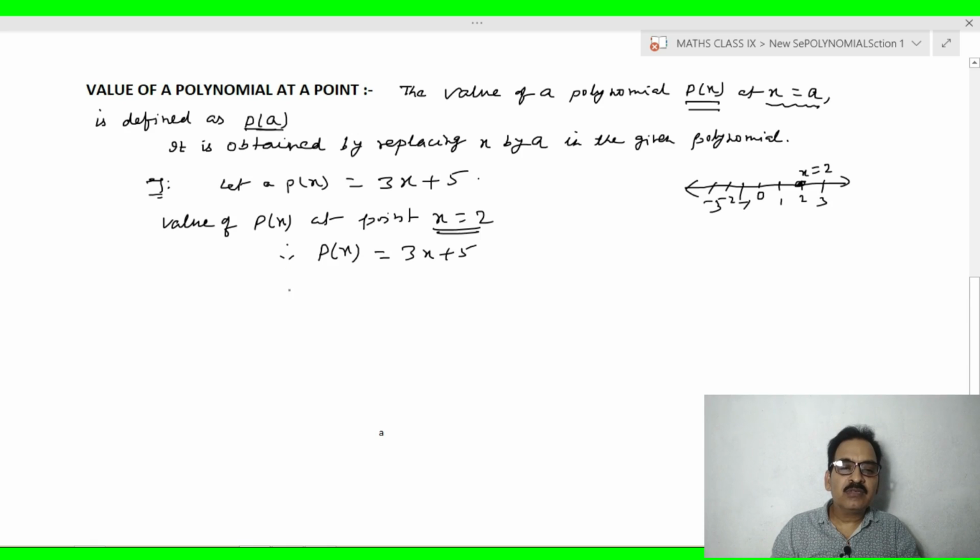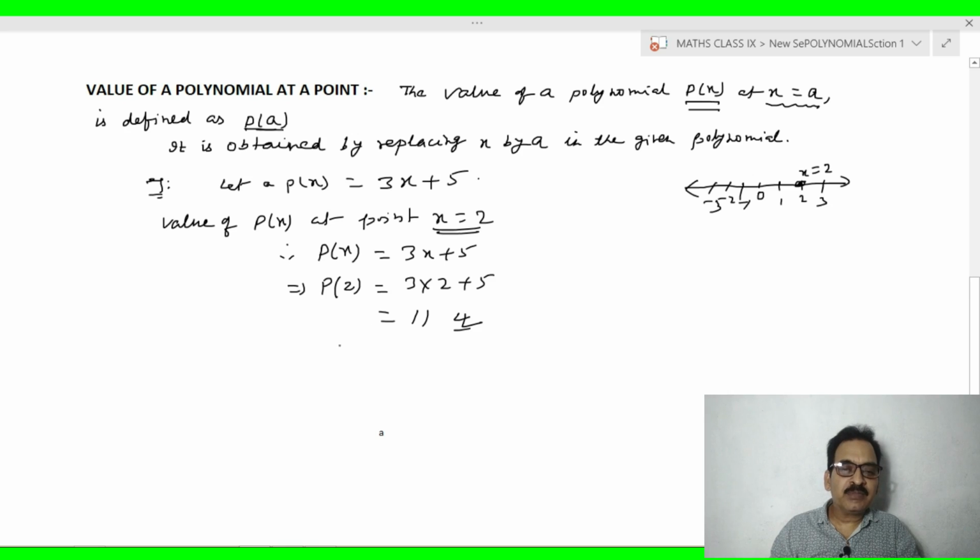So what do we have to do? Nothing, simply replace x by that number. Which point do we want? We want the point 2, so replace x by 2. It becomes 3 times 2, which is 6, plus 5, which is 11. So this is the value of this polynomial at the point 2, right?